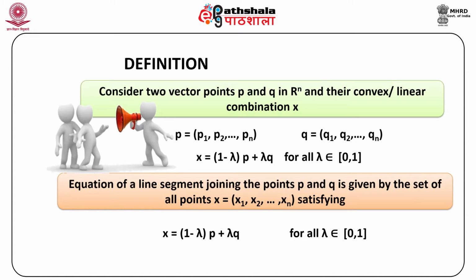The equation of a line segment joining the points P and Q is given by the set of all points x equal to (x1, x2, till xn), satisfying x is equal to (1 minus lambda) times P plus lambda Q for all lambda between 0 and 1.